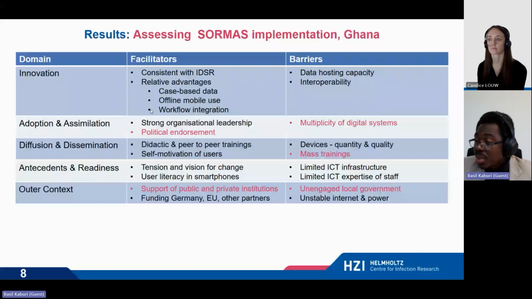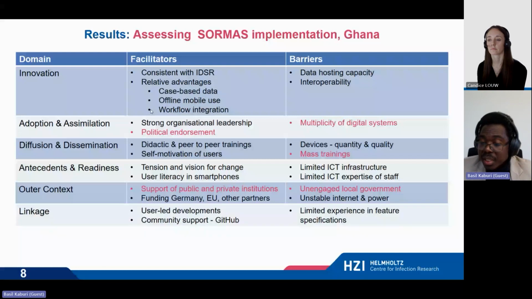Of course, unstable internet and power supply were factors that limited the implementation, but were outside the mandate of the Ghana Health Service. So these are countrywide issues.